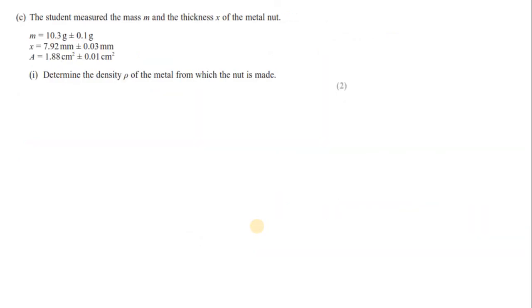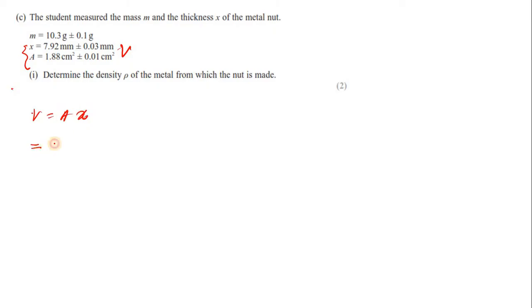The student measured the mass m and the thickness x of the metal nut. So mass, thickness and area are given. Determine the density of the metal from which the nut is made. In order to find the density, mass over volume, since thickness and area are given, we can find volume by multiplying these together. So volume would be equal to A into x.